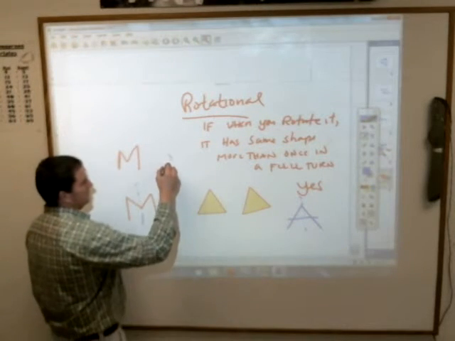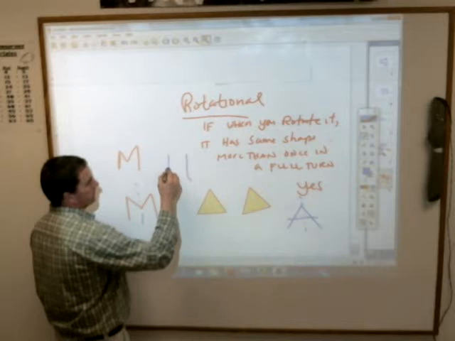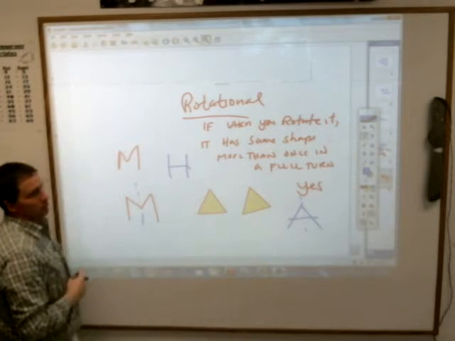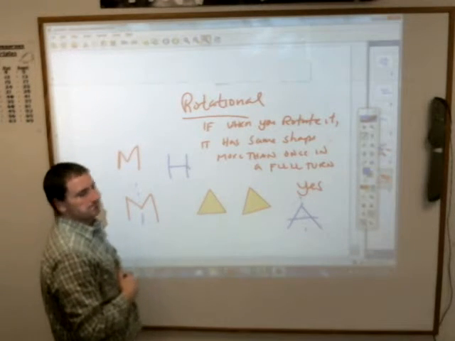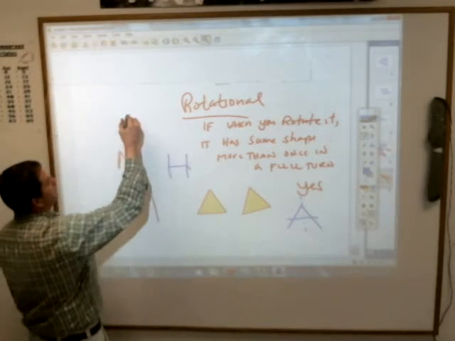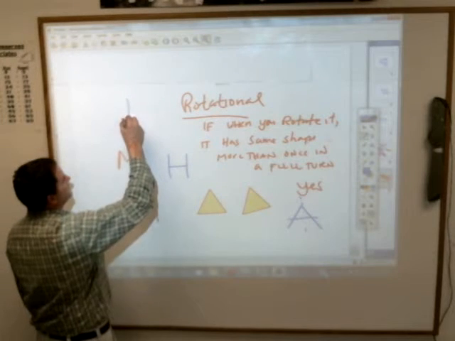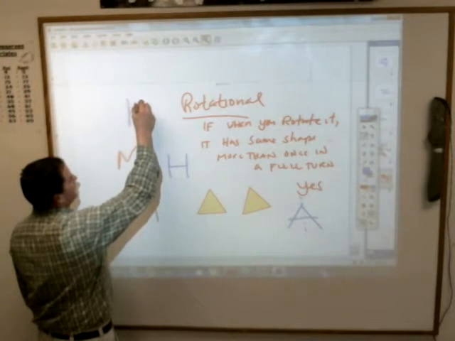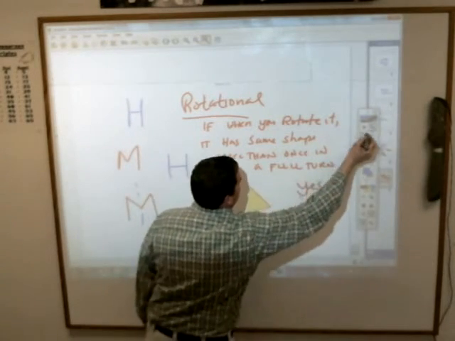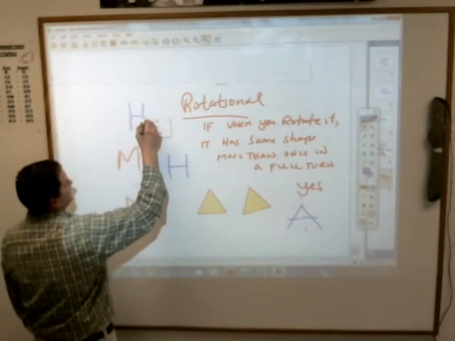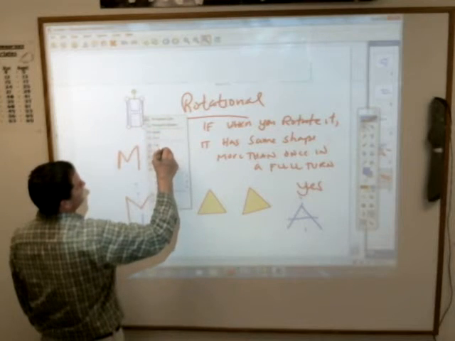What about the letter H? Rotational symmetry, Alexa? Yes. Why? Because if you turn it, it'll just look like an H exactly. If I had drawn this without picking my pen up, let's see if I can do this. Here's my H. What Alexa is saying is this. Copy.